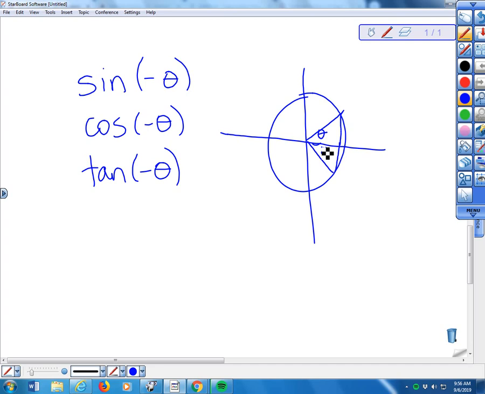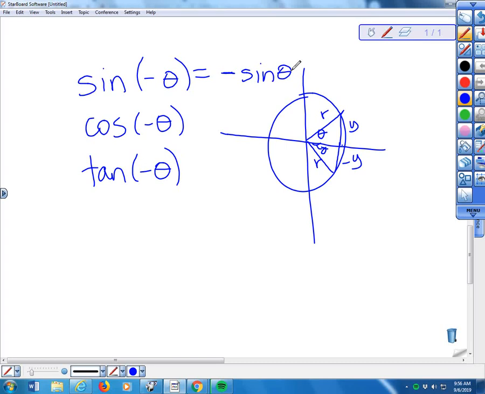Okay. So sine of theta is going to be y over the radius, right? Sine of negative theta is negative y over the radius. You follow? So to find sine of negative theta, I'm just going to change the sign of sine theta.